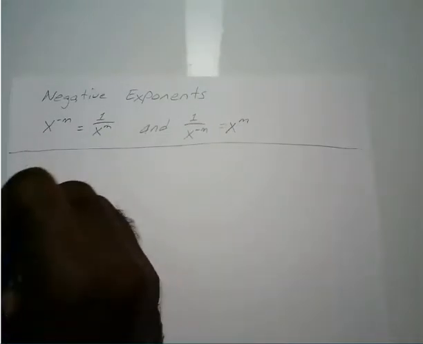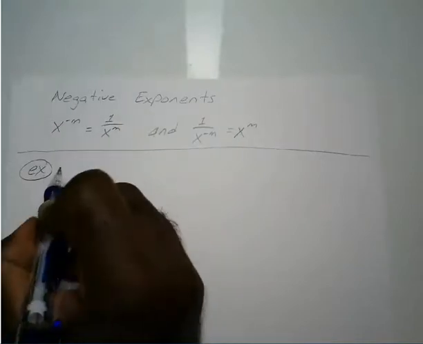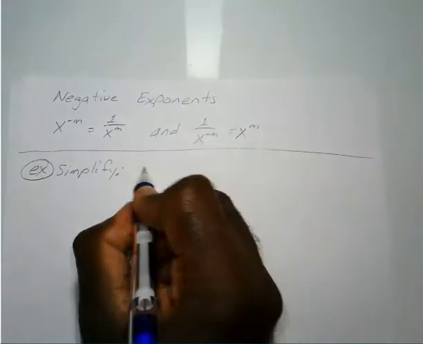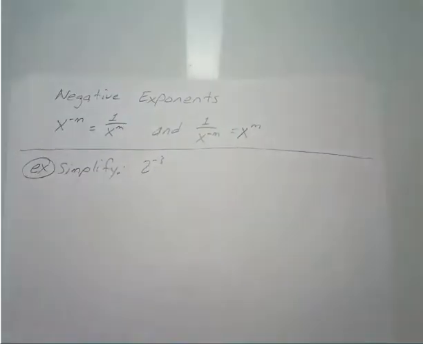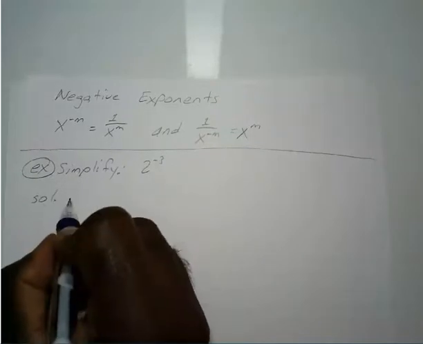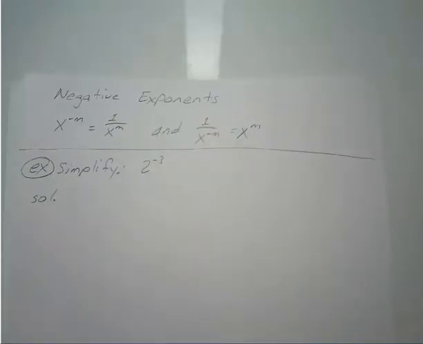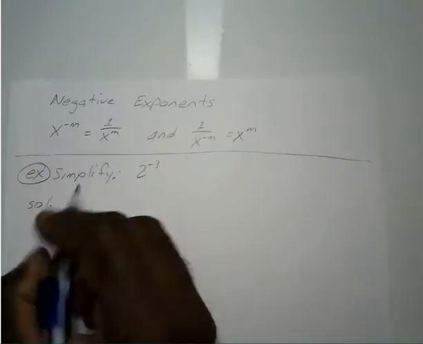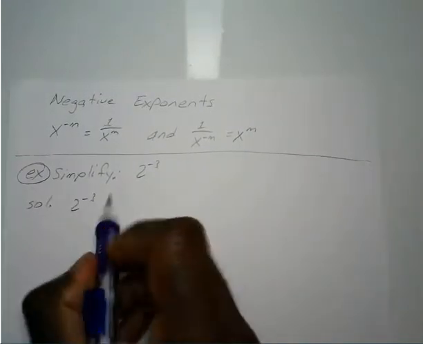Okay, so for example, we wanted to simplify 2 to the negative 3 power. By simplify, most textbooks and online programs just mean they don't want any negative exponents. Okay, so 2 to the negative 3 power.